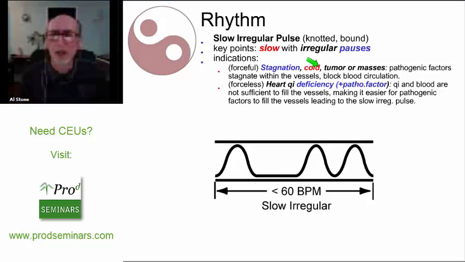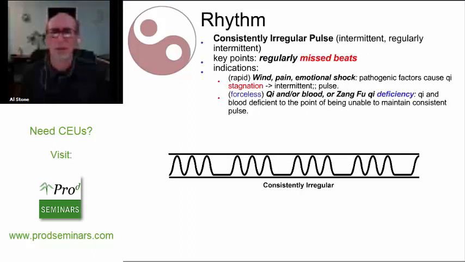Speak about the very common push-down liver pulse that I see all the time in working women. Push-down liver pulse. Not familiar with that. Is it deep? Hard? The consistently irregular pulse, again, if it's forceful or rapid, we're looking at something extra that's getting in the way of the steady pulse.